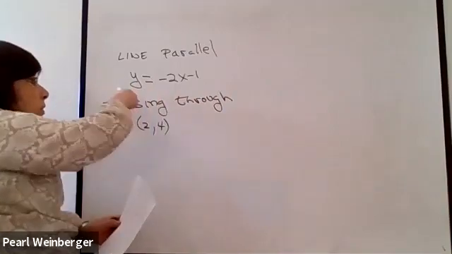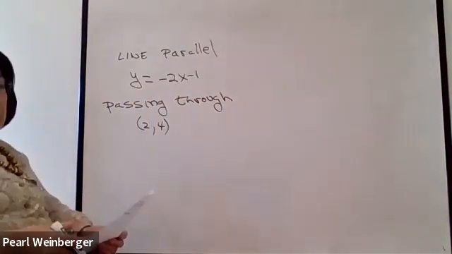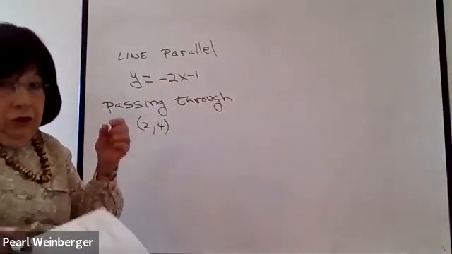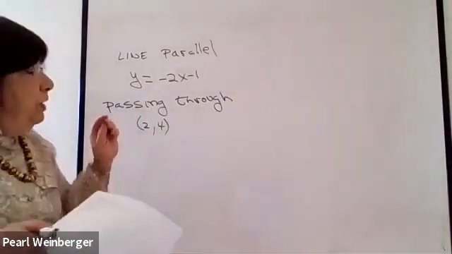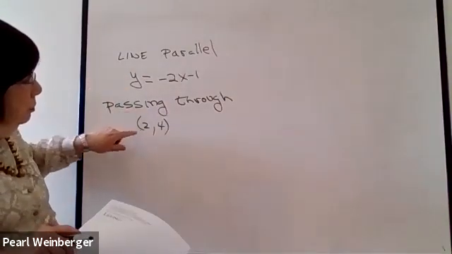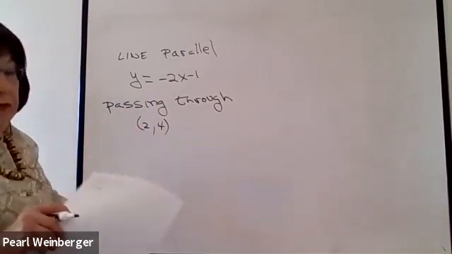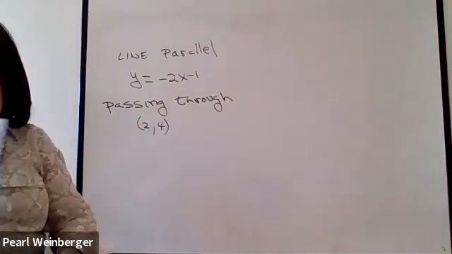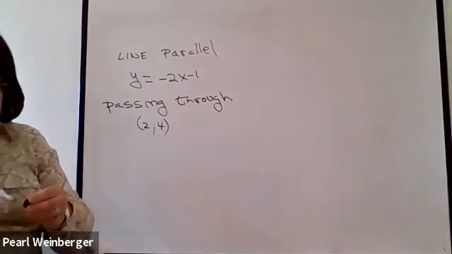So I have one line that they're giving me. I want to write the equation of a new line that's parallel to my original line, but that goes through a specific point (2, 4). See if you could write that equation. See if you remember how to do that.